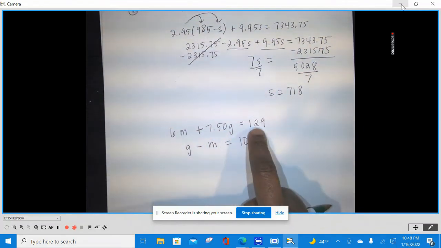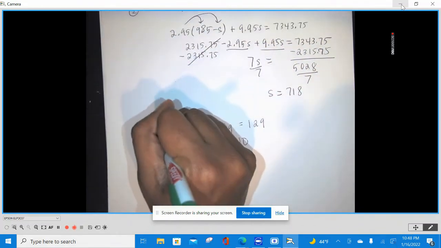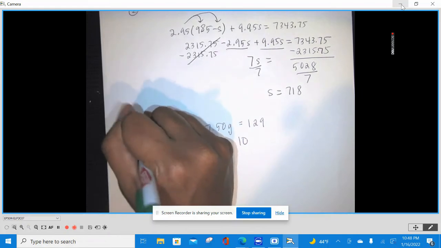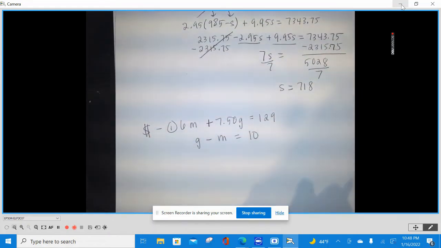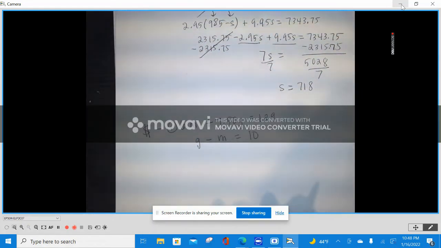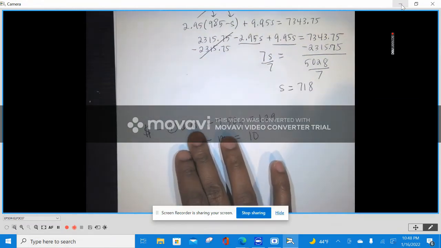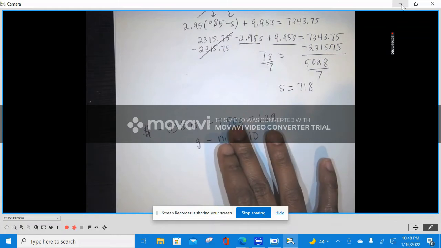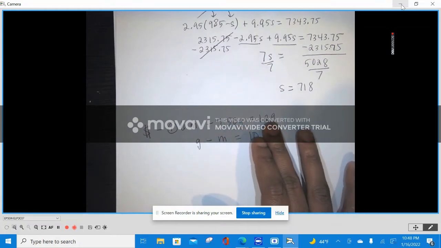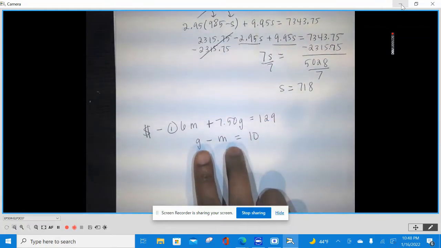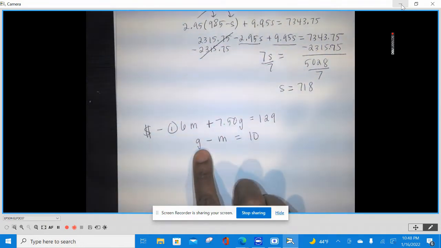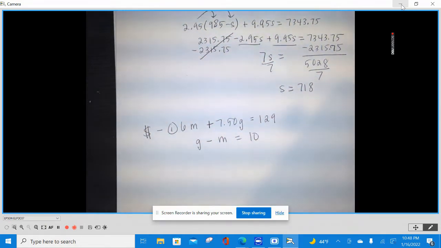He made a total of $129. Notice that the majority of the time with word problems, there's usually a money equation, and then the other one has to do with hours or items or something. So again, $6 when you mow grass every hour, $7.50 when you bag groceries every hour. That's how much money he got paid for the week. And then it said the difference between him bagging groceries and mowing grass was 10 hours of difference.